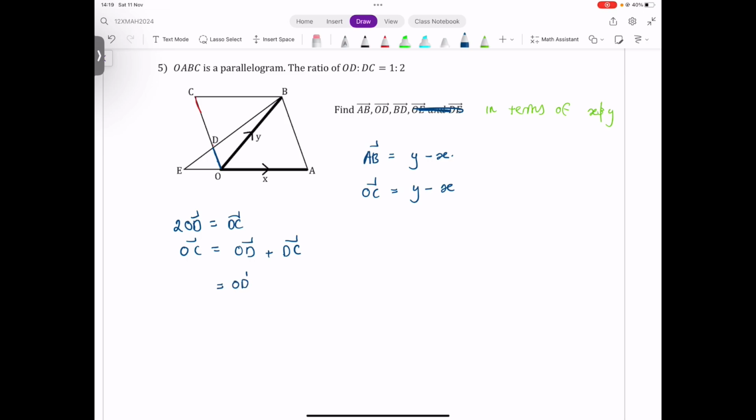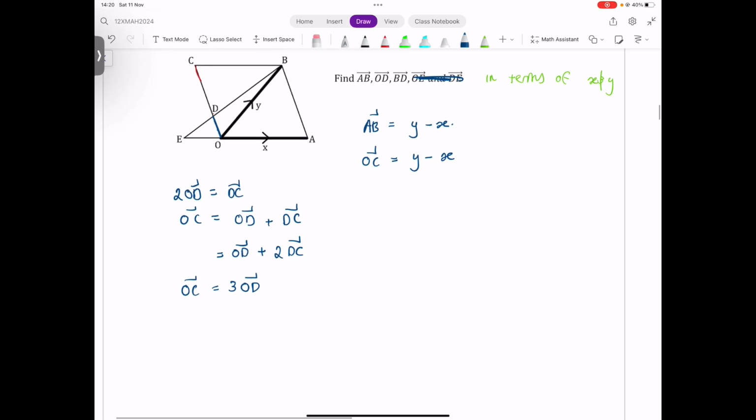So this is OD plus 2OD. So therefore OC is equal to 3 times OD. Alright, now at the moment, we've found AB in terms of x and y. We're trying to find OD now in terms of x and y. So OD, if we rearrange this, is 1/3 of OC. But we already know that OC is y minus x, so OD is 1/3 (y minus x).